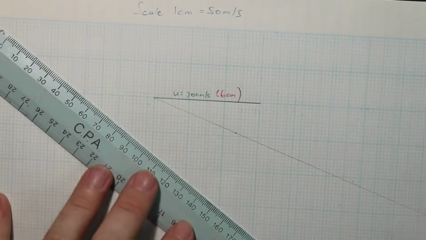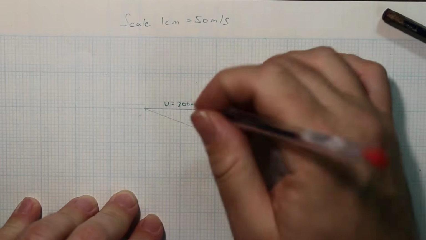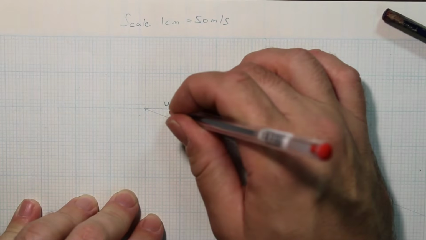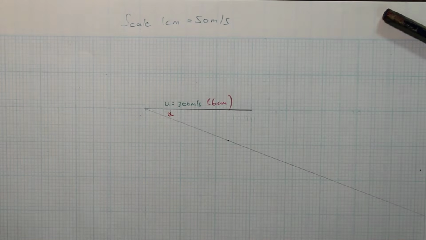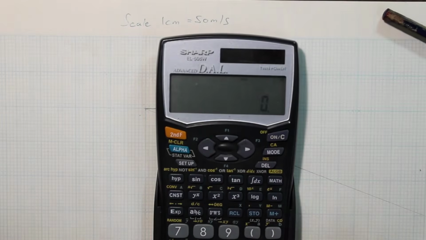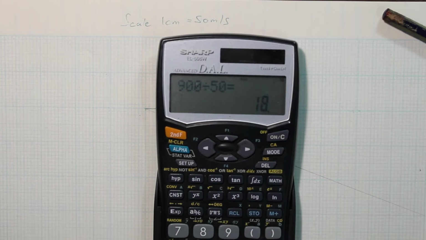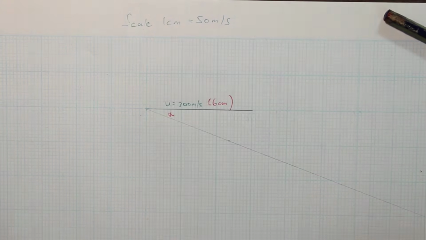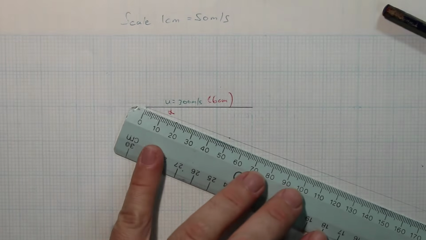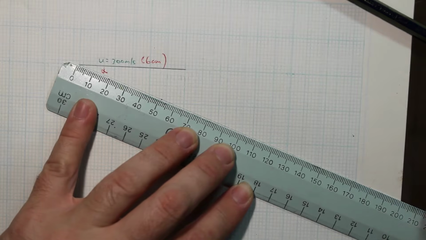Then how long must we make it? We know now what phi is, so phi is alpha. On a calculator, 900 meters per second divided by the scale, which is 50, means that line is going to be 18 centimeters long. So we measure off along that faint line, 18 centimeters.